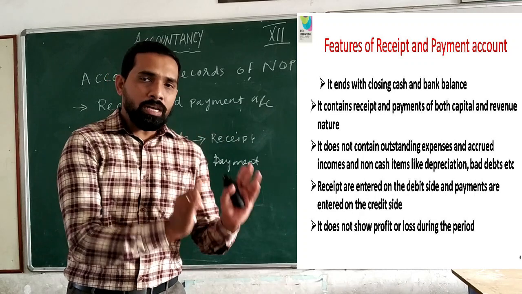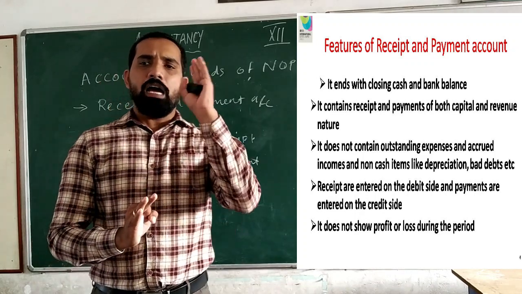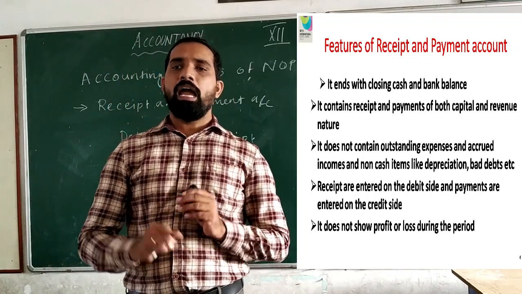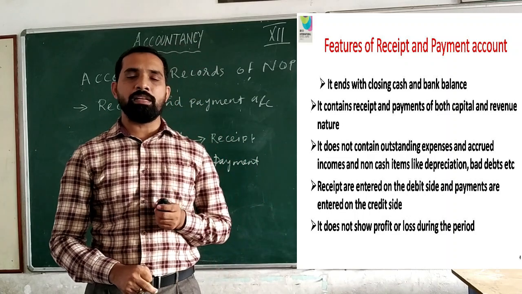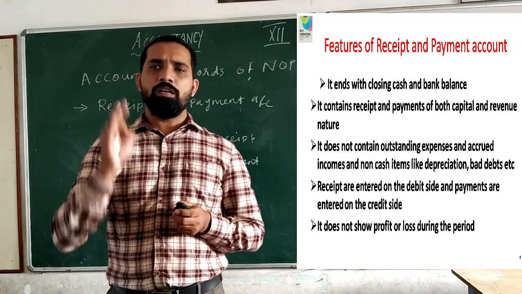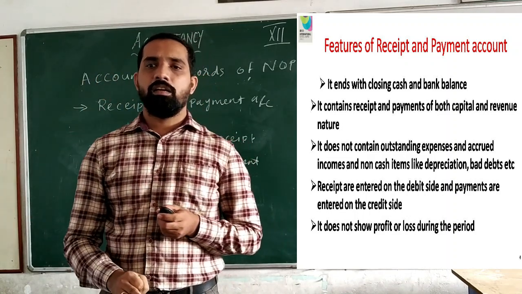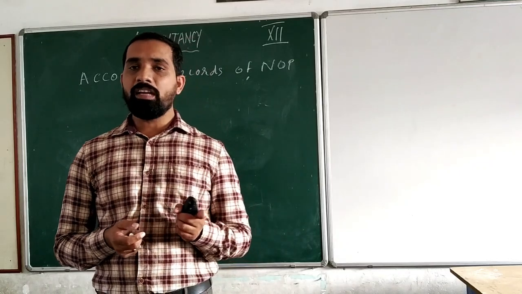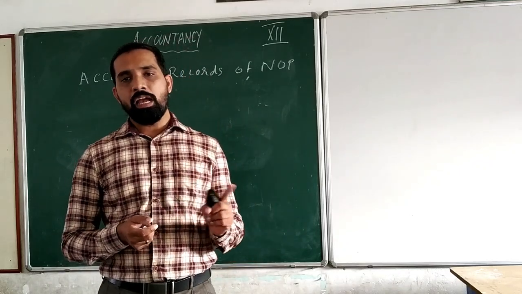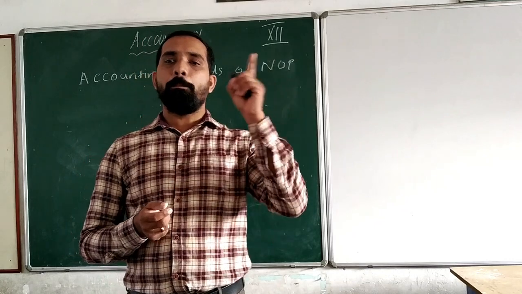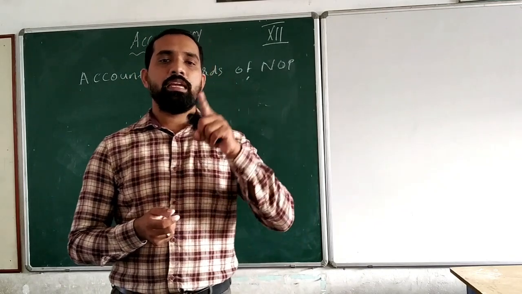And all cash receipts are recorded on the debit side and all cash payments are recorded on the credit side. Next topic, difference between receipts and payments account and cash book.